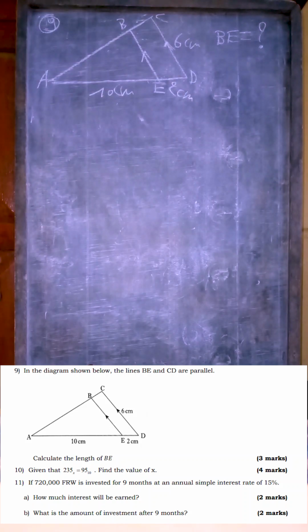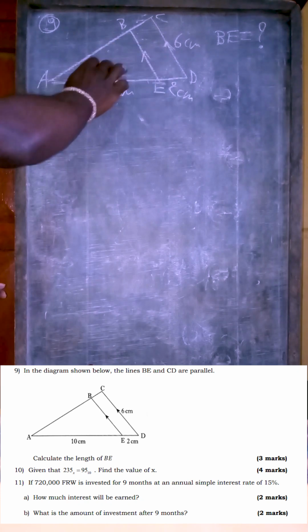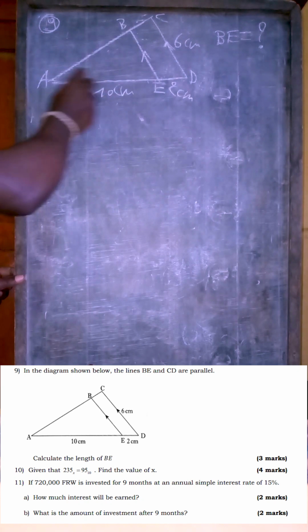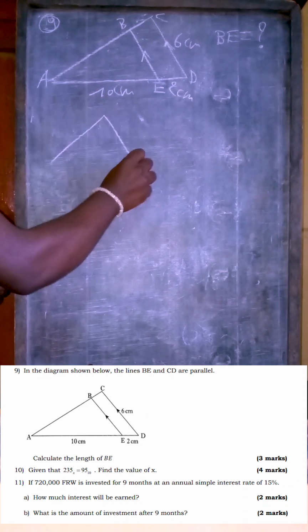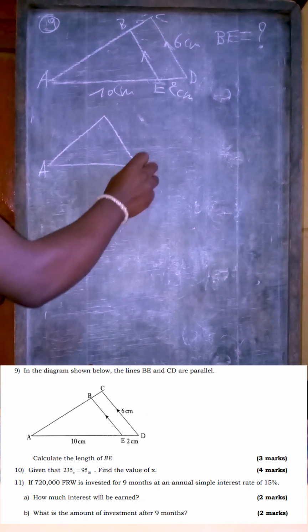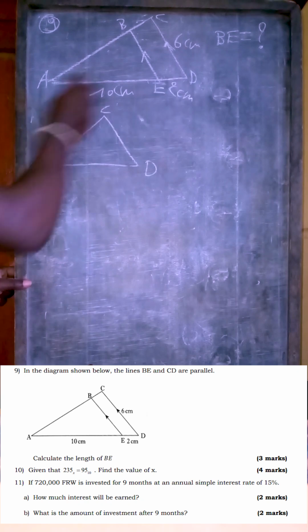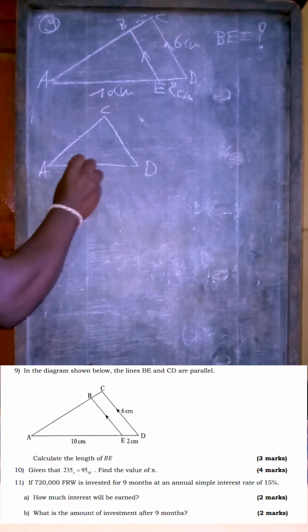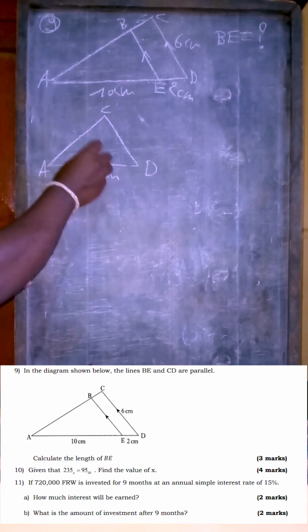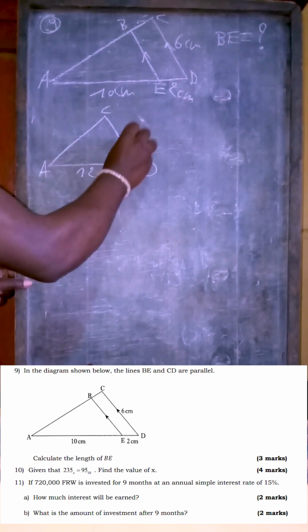And by Thales' theorem, we can find two triangles among this. The first triangle is A up to C, from A up to D up to C, and from A to D it is 10, and adding those 2 centimeters will be 12 centimeters, and from C up to D it is 6 centimeters.